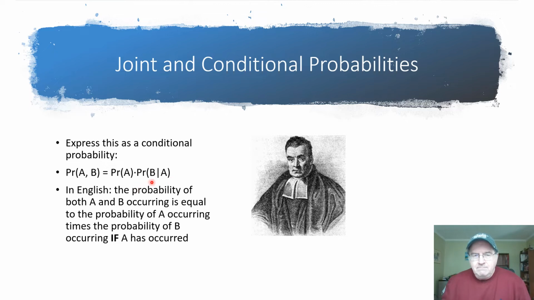That's what that vertical bar means there. Since these are two independent events, this probability is no different than the probability of B. But in other situations where the events are not independent, this is critical. So to translate this into English, the probability of both A and B occurring is equal to the probability of A times the probability of B if A has already occurred.